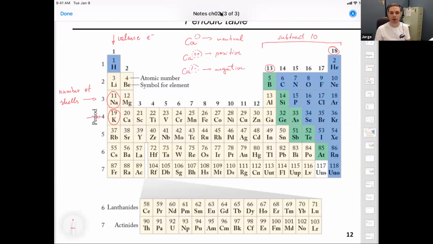So always look at the top right corner after the symbol for the element. Okay. No number, that means neutral. 1 plus positive, for example, and 1 minus negative, for example. Okay. Thank you for your question.